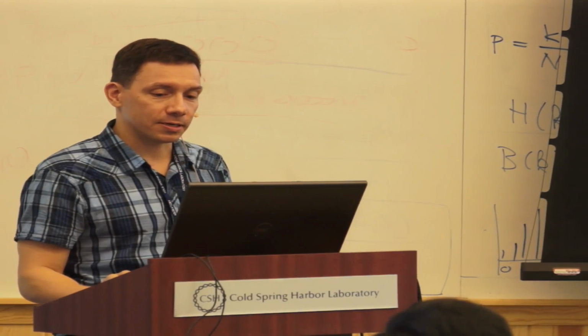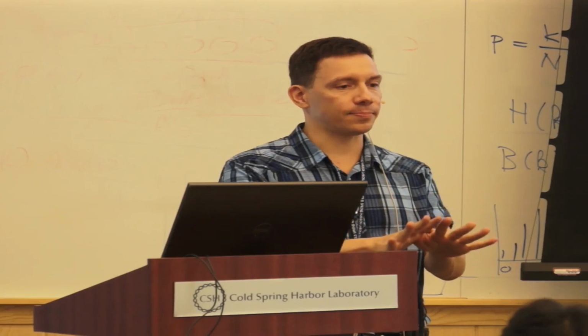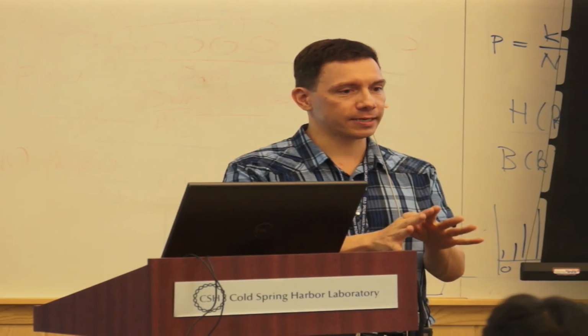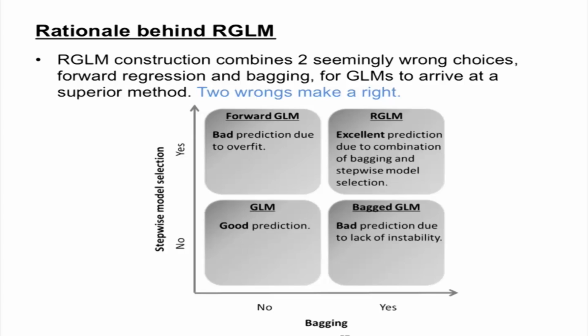And as I mentioned, you could say, well, why don't I bag it? But this is typically unnecessary, and if anything, it makes things worse. And why? Because logistic regression is very stable. When you have a stable predictor, then bagging doesn't help. The other thing one can do with GLM is you can do forward variable selection. And of course, the great advantage is interpretability.